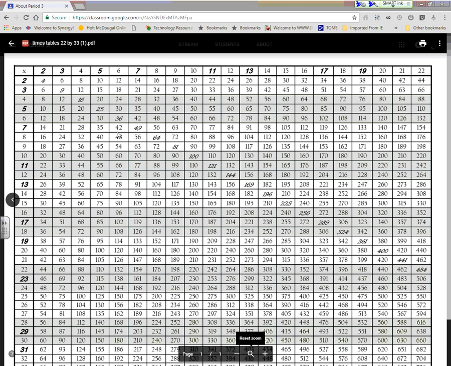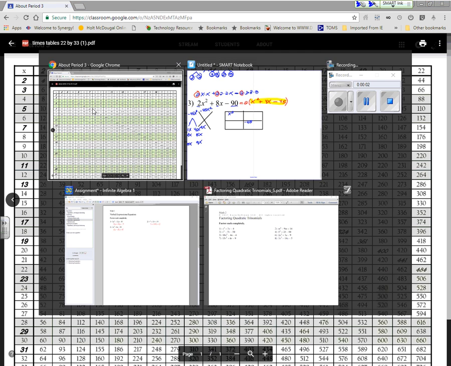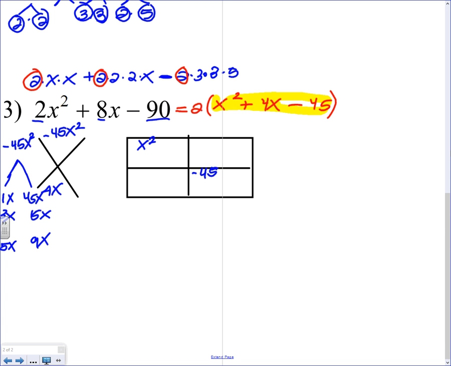No, it doesn't. What about 7? No, it doesn't. 8? No. 9? 9 and 5. So this would be 9 and 5. And I don't know if you notice, but the last two numbers are repeating. This set and this set is the same, so I can cross this out.